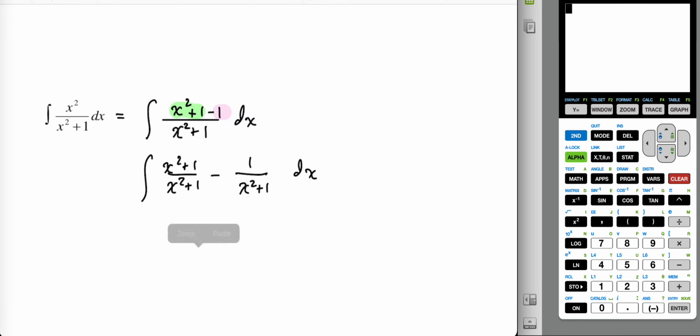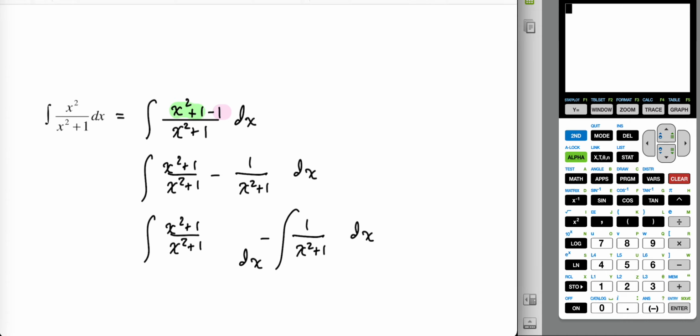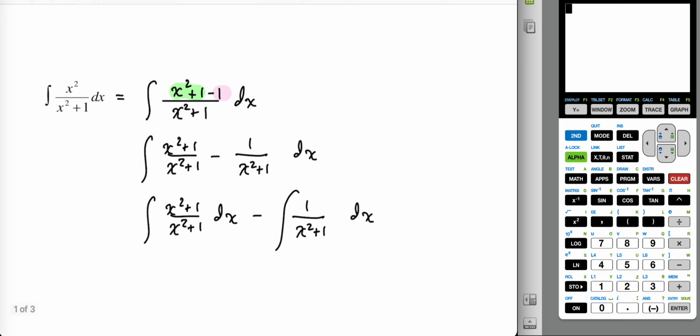So, in doing so, I have two separate integrals that I can work off of. Probably could have rewritten it in less time, but as you know, this is one of my things.